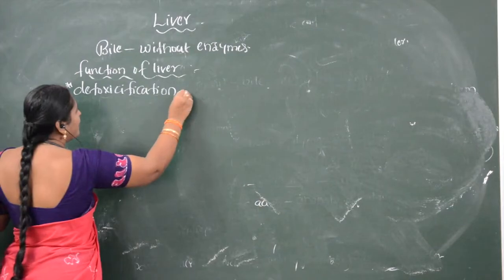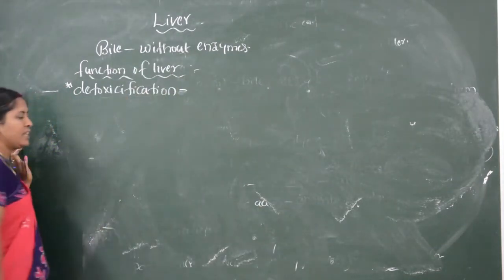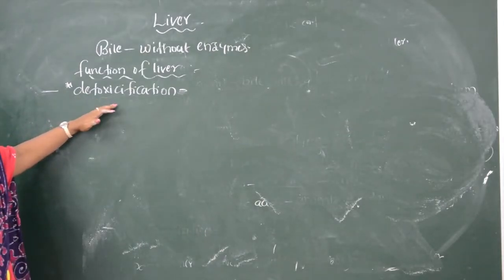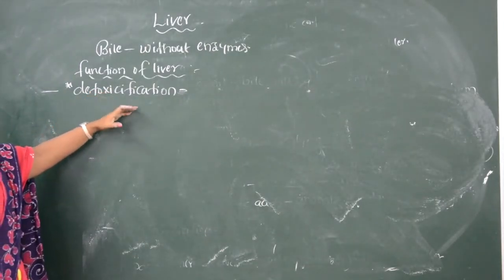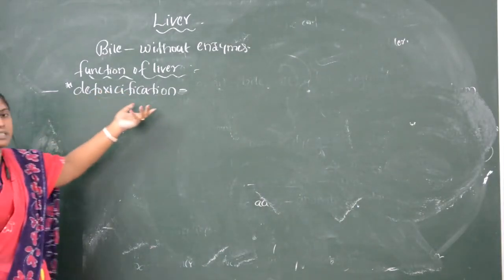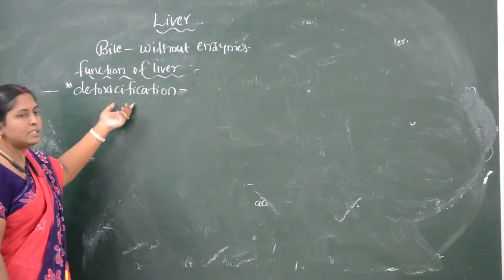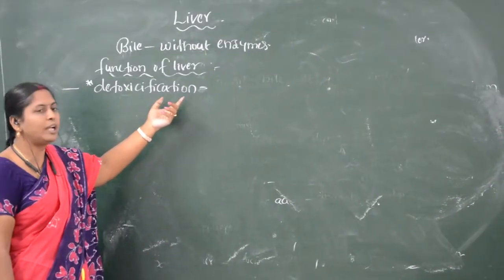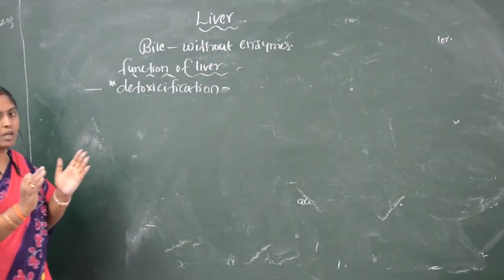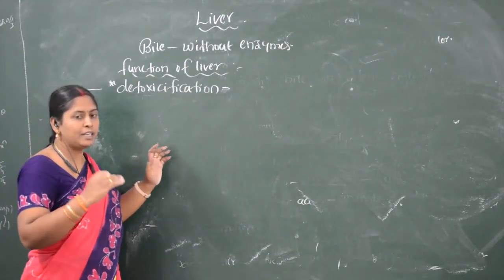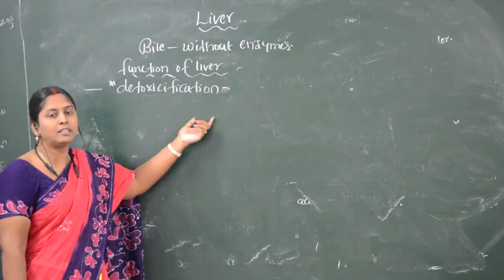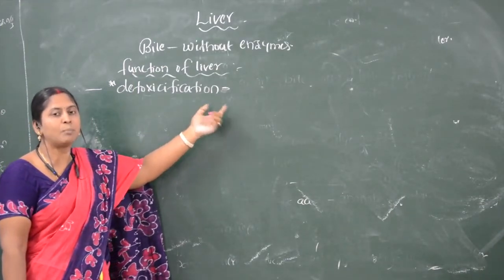So what is meant by detoxification? Along with the food materials and water which we are drinking, there are microorganisms, germs or bacteria. But these microorganisms will not enter directly into the blood circulation.